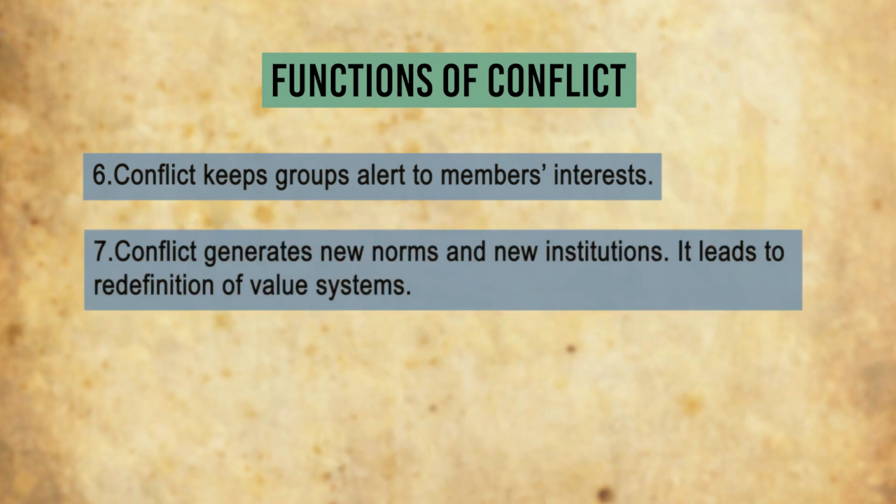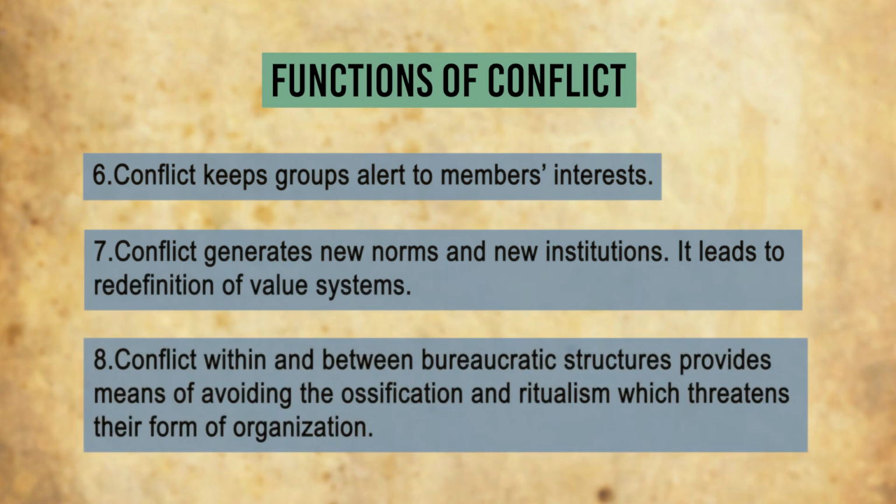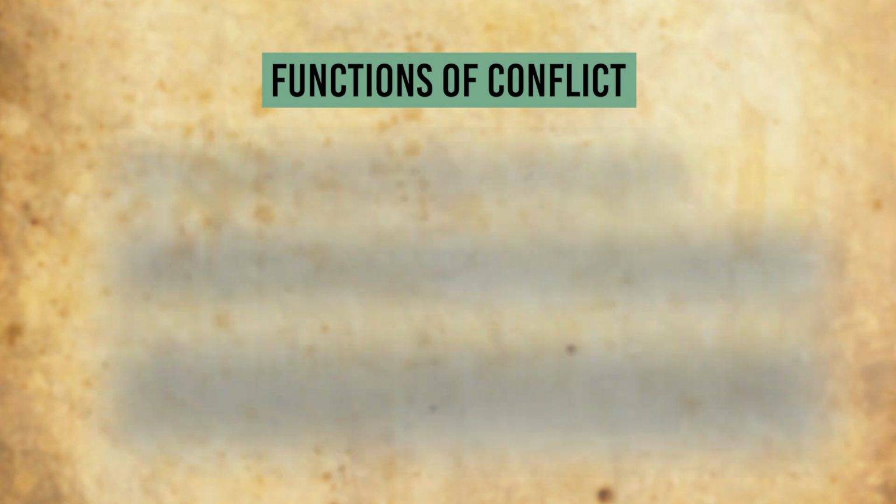Conflict generates new norms and new institutions. It leads to redefinition of the value systems. Conflict within and between bureaucratic structures provide means of avoiding the ossification and ritualism which threatens their form of organization.